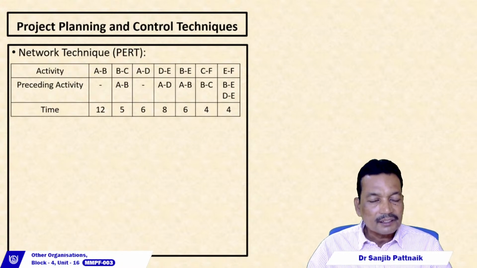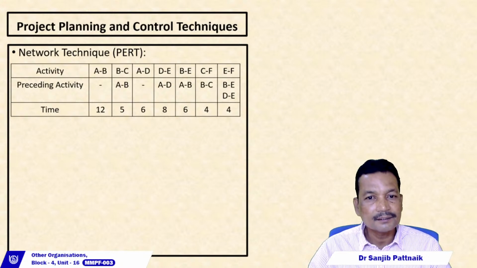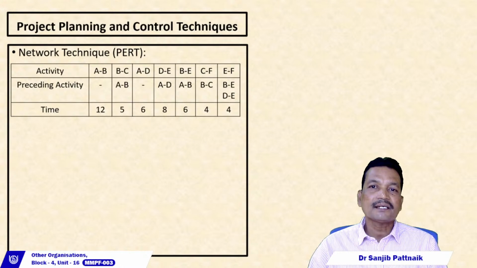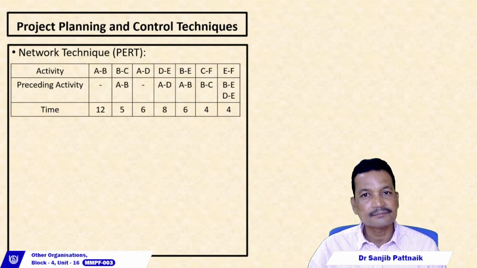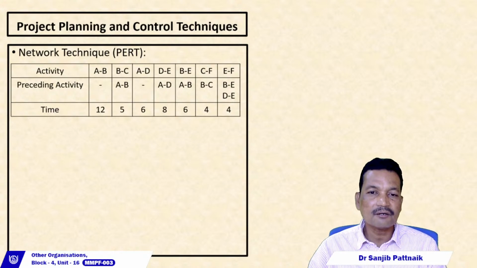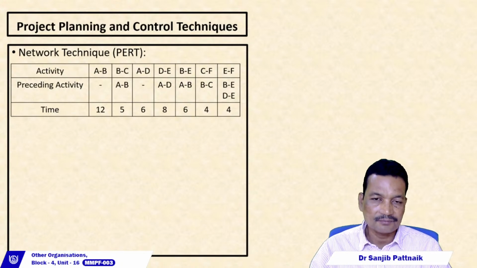One unit focused on globalized businesses that are prevalent nowadays, that is export import organizations. Then we looked at the application of management control techniques in the project form of organization.